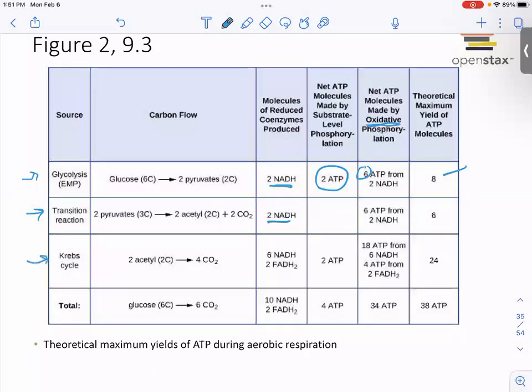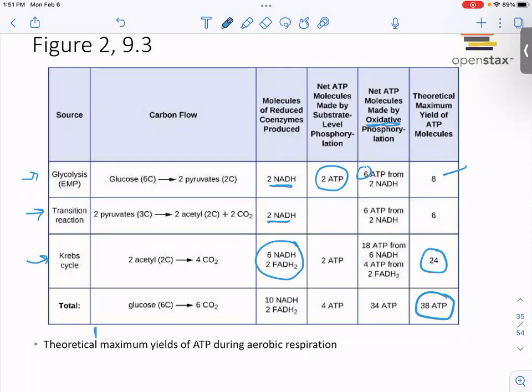And then from the Krebs cycle, because we're getting so much reducing power here, it's all about the electrons, those will translate into a lot of ATP, 24 from the Krebs cycle. Okay, so totals, theoretically, about 38 ATP from bacteria.